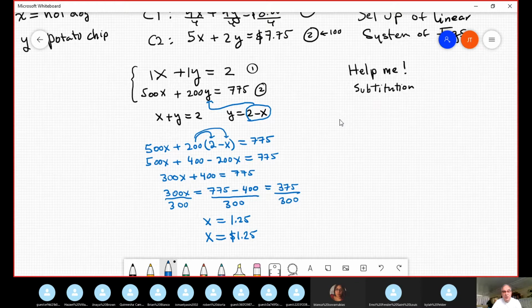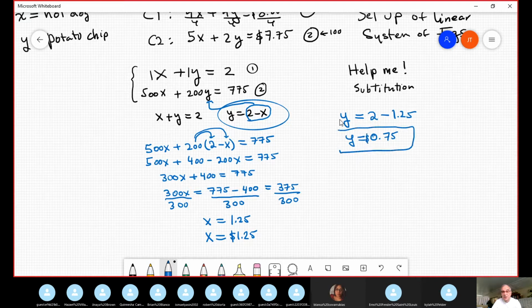Now, in order to find the price of the potato chip, use substitution in equation 1 or equation 2, but in my opinion, it's easier here. Okay, y is isolated waiting for me. It's $2 minus 1.25. Look, x is equal to 1.25. It's obvious, it's $0.75.